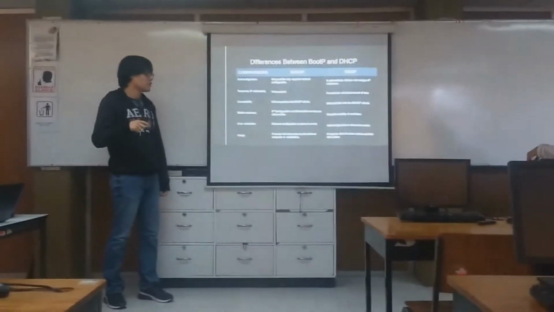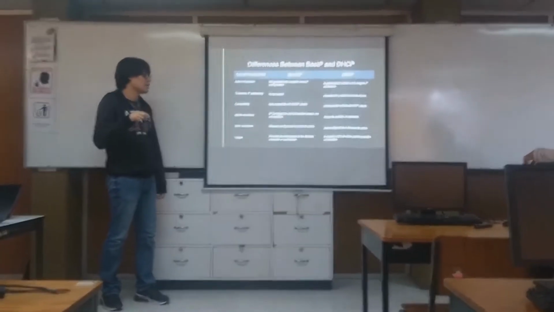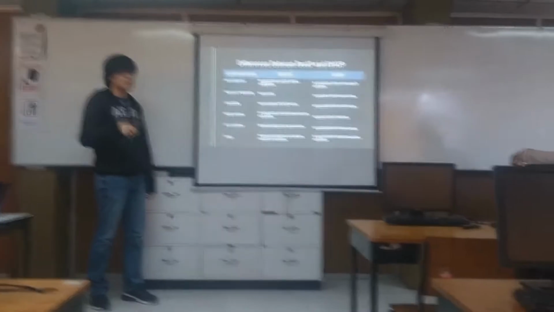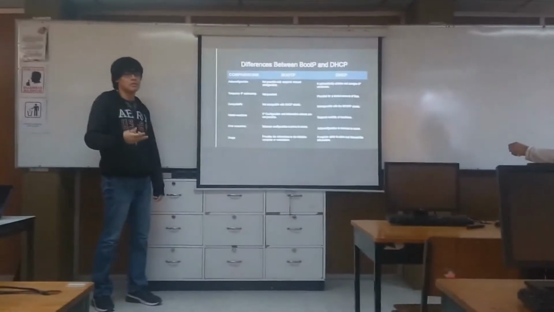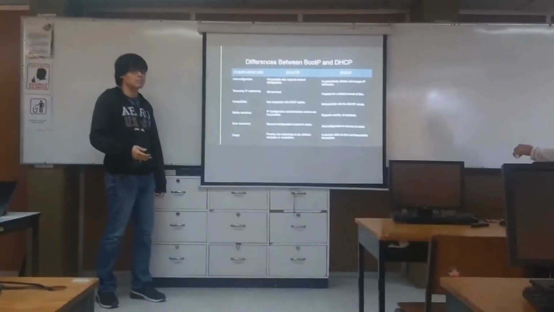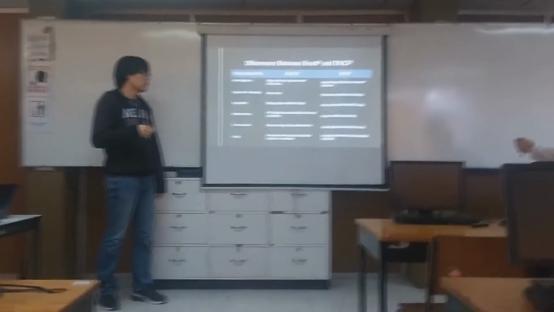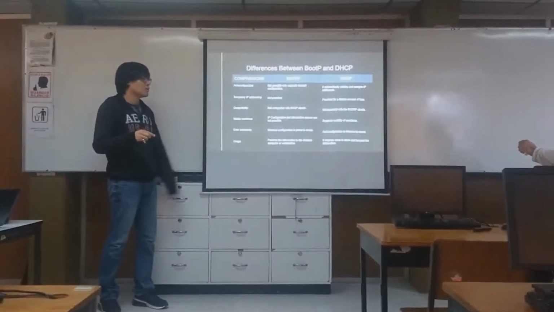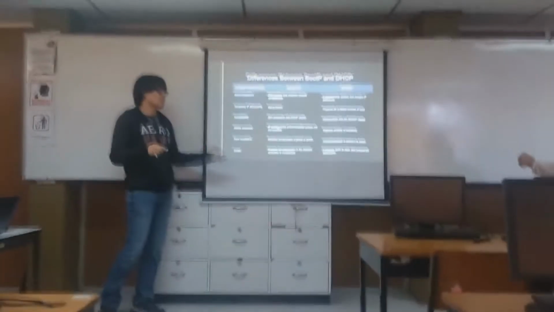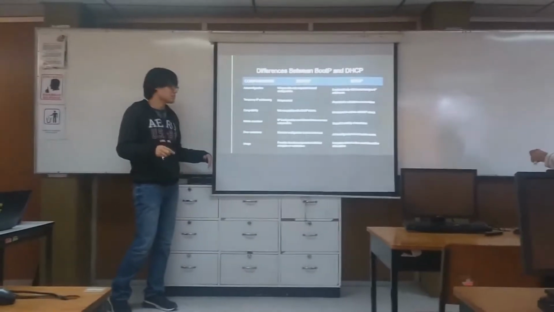Error occurrence, well, the error occurrence that happens in boot P mostly goes to because it's manual configuration you must do. So if you don't do the manual configuration, it will come with very much errors. And well, DHCP mostly doesn't come with these errors in their automatic configuration.